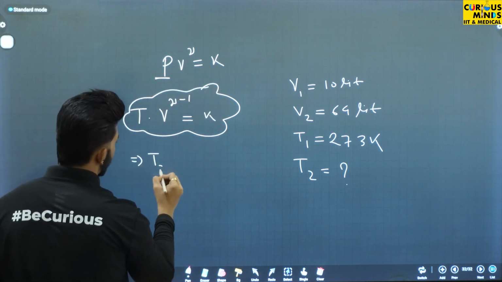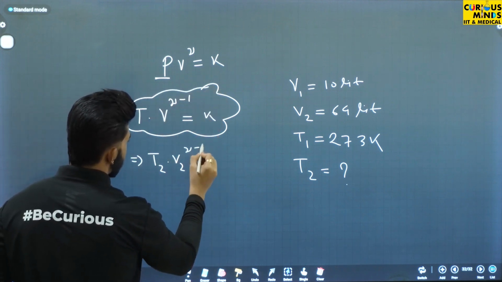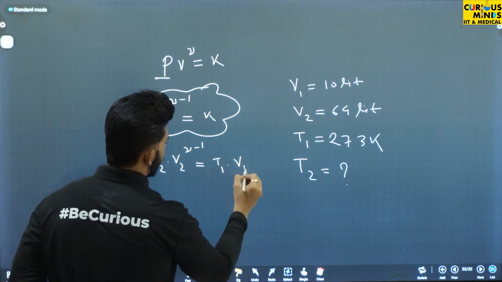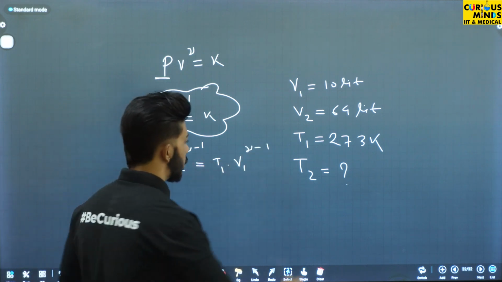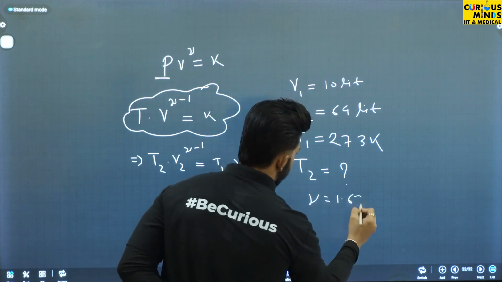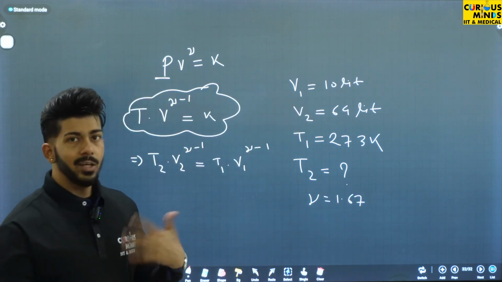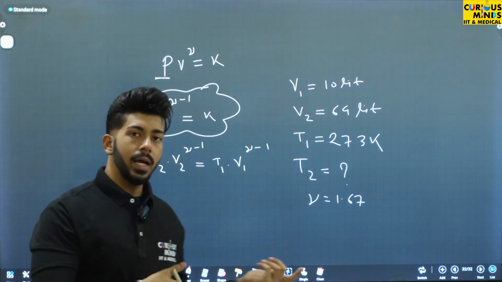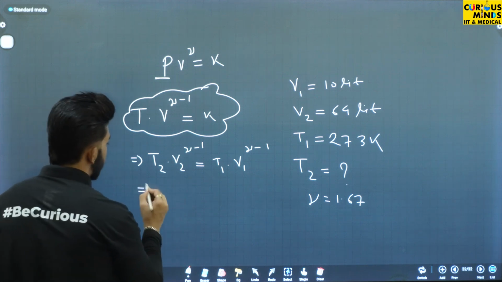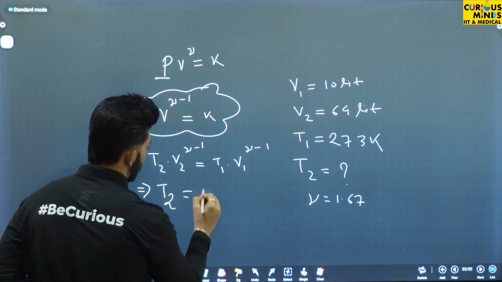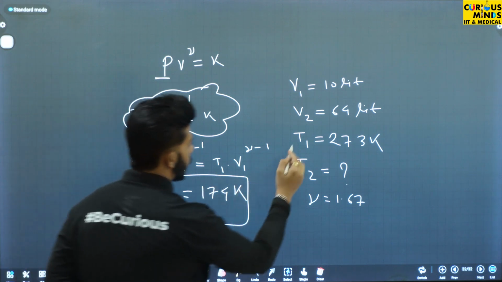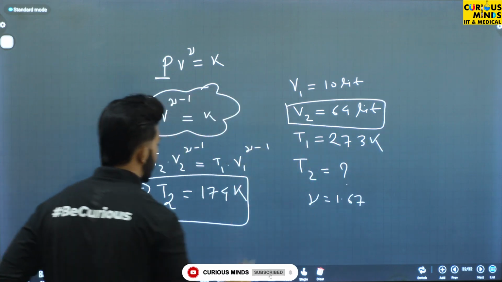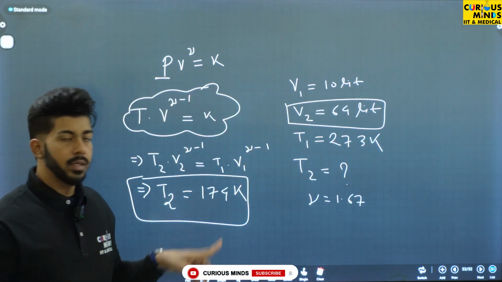Now T2 into V2 to the power gamma minus 1 equals T1 into V1 to the power gamma minus 1. All the values are given, gamma is also given, that is 1.67. If you plug in all the values in that formula, you will get T2, and T2 will be 174 Kelvin. So you got your V2, that is 64 liter, and your T2, that is 174 Kelvin.